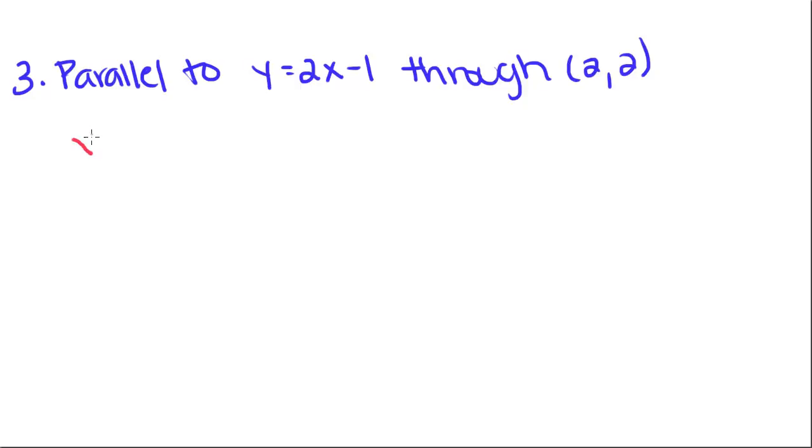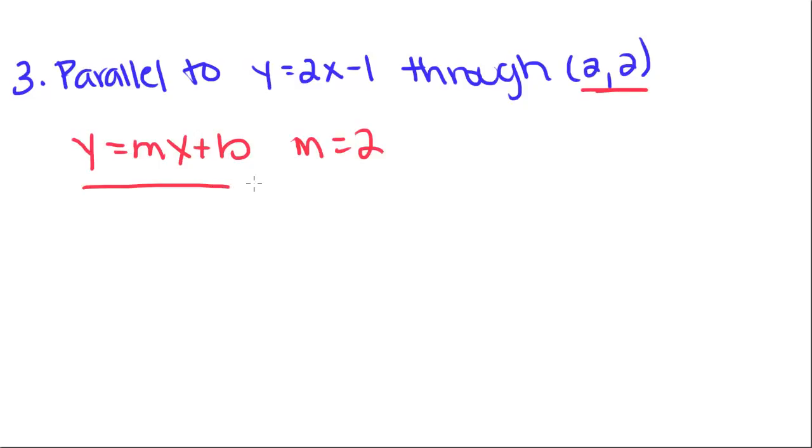So since this is in the form y equals mx plus b, where m is the slope, the slope of this line equals 2. So our new line has to have a slope of 2 in order to be parallel to this line. So now we're going to plug this point into this equation to get our new equation.